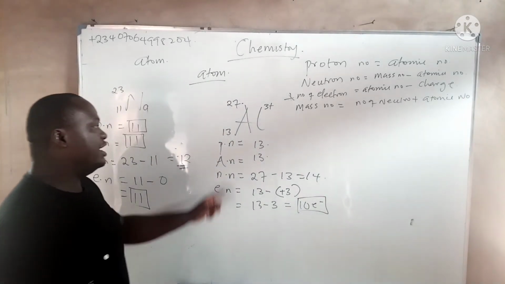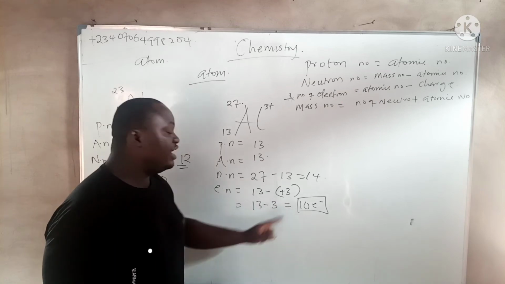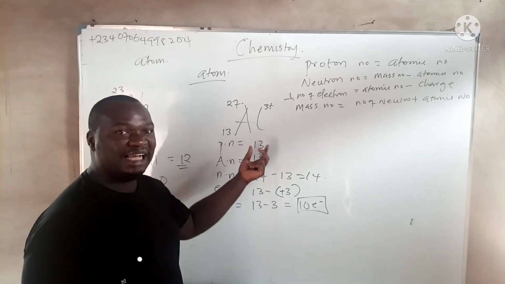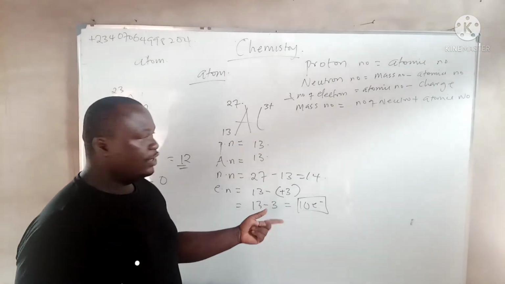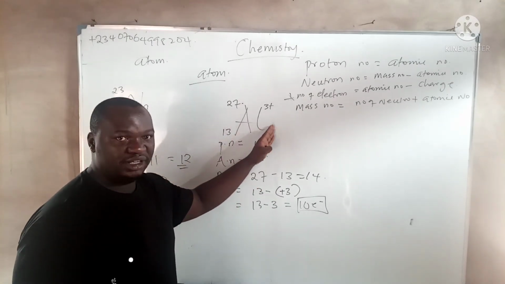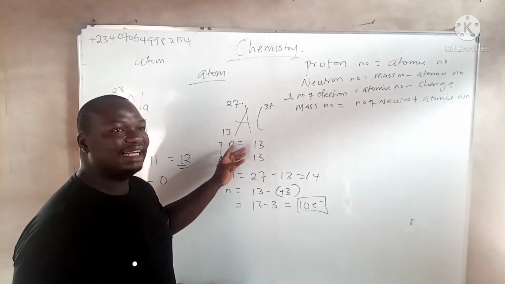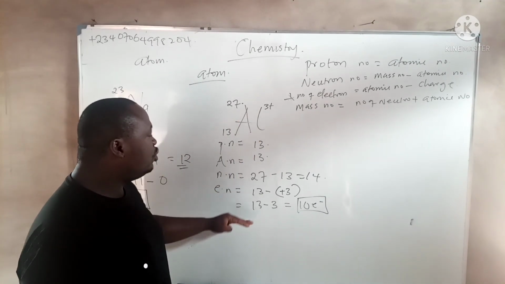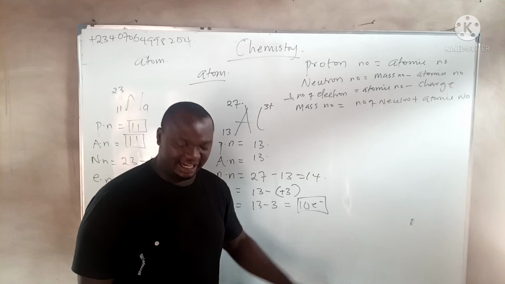Can you see that the atomic number and the number of electrons are not the same in an ion? I said it at the beginning of the video. This is a cation. It loses 3 electrons. If the atomic number is 13 and it loses 3 electrons, the total number of electrons remaining should be what? 10.